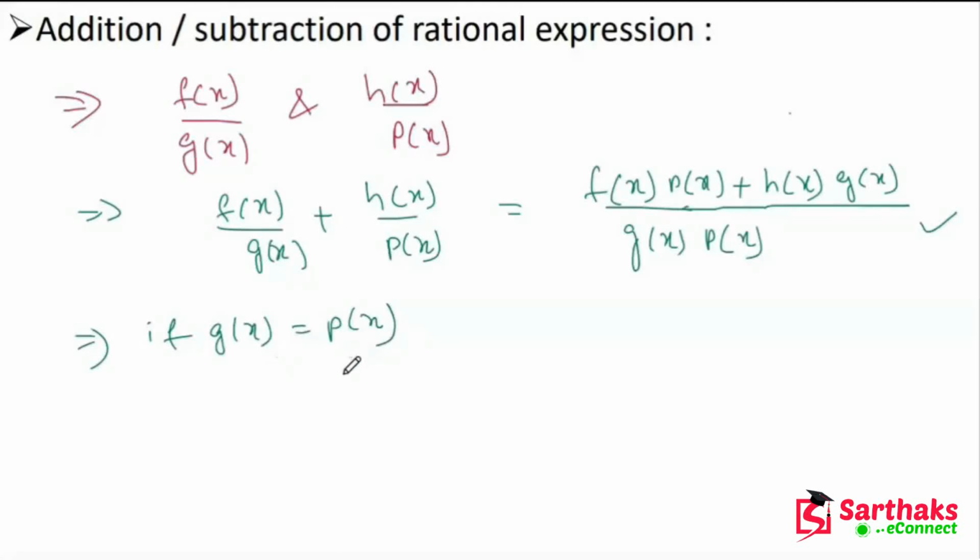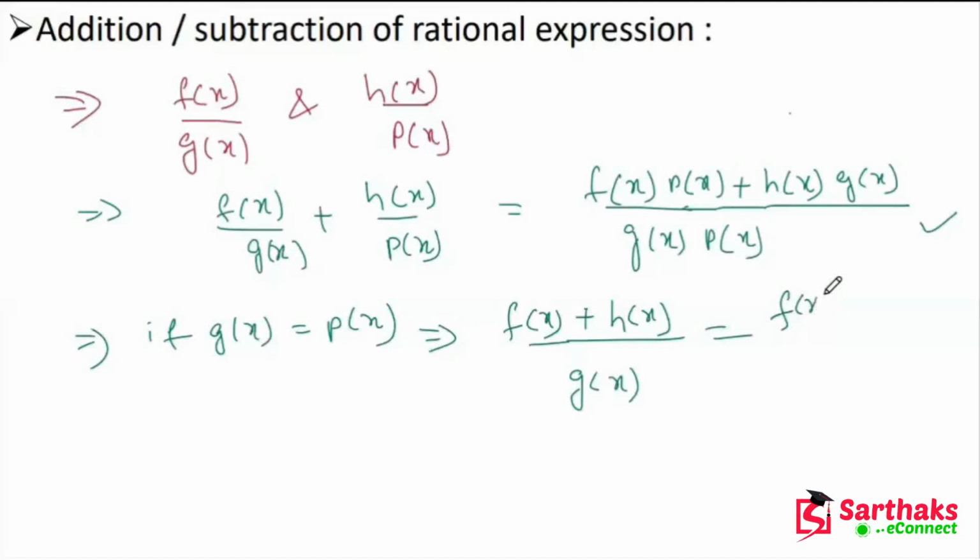The answer is that we get f(x) plus h(x) divided by g(x), which is equal to f(x) plus h(x) divided by p(x). Okay, I hope you get this point.